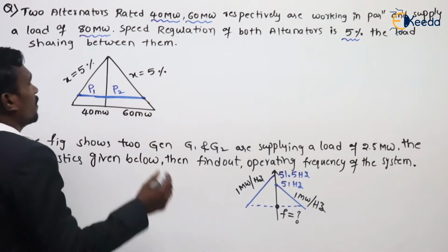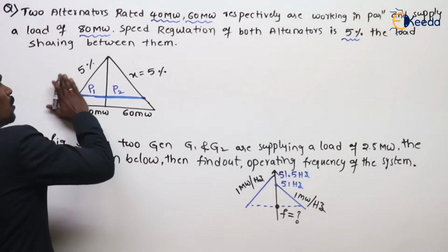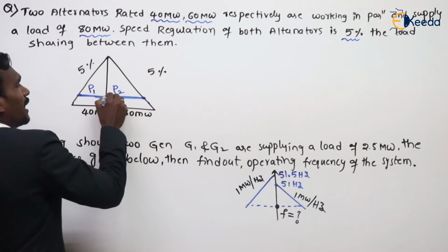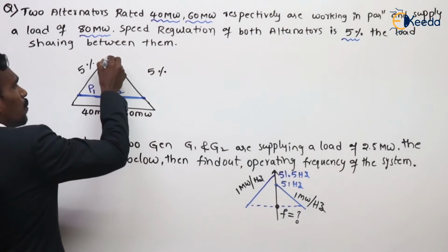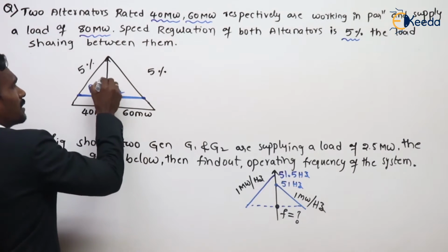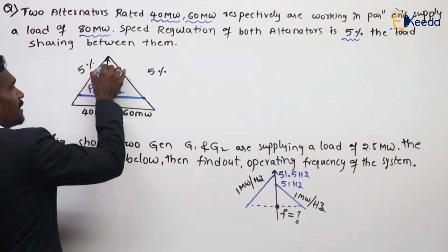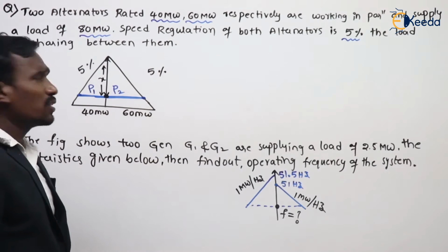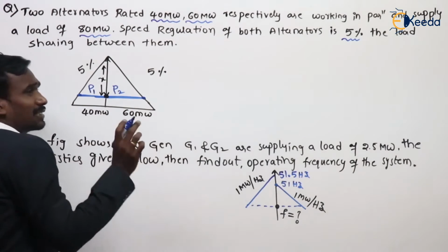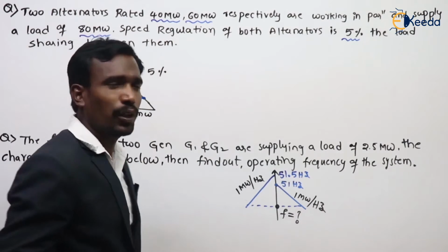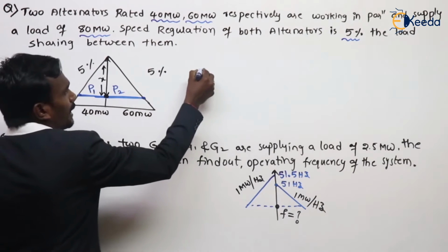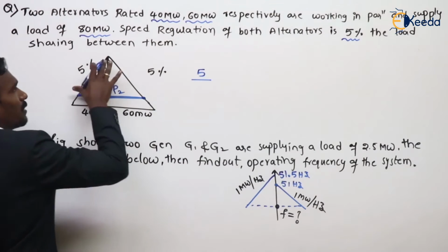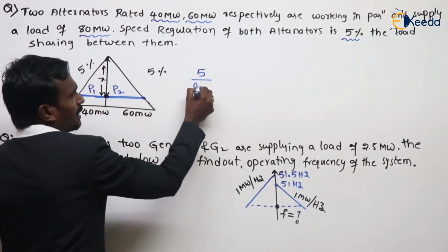First of all, we don't know what the regulation of speed is at this condition. For example, I am taking it as X. In general, we use the similar triangle principle. For 5% regulation, the power is 40 megawatts.